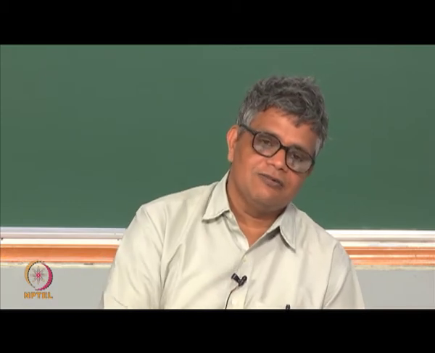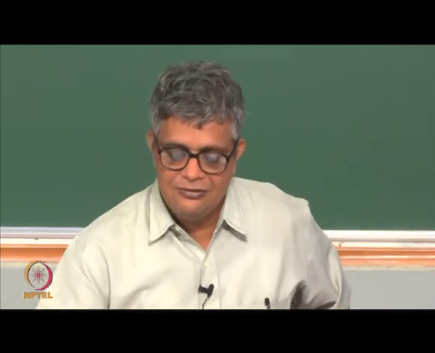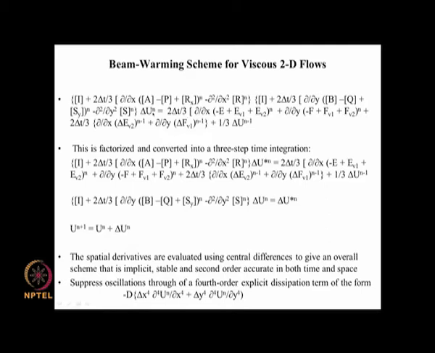So, each of these things has been taken into account in coming up with an overall method which is implicit and second order accurate in its conception, and therefore, one can expect it to be unconditionally stable, unlike the explicit McCormack method. But we can see that we are not solving it in so clean a way in the process of accounting for nonlinearity and coupling.